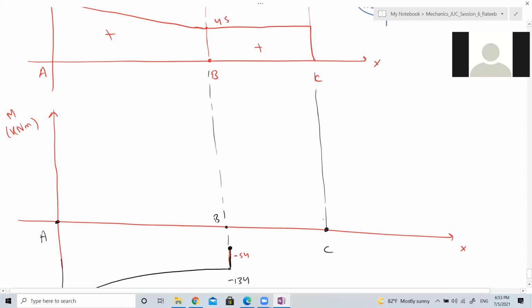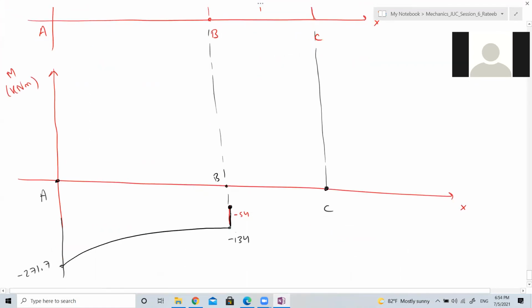A straight line. Why? Because there is no change: the shear is constant. When the shear is constant, the moment is straight.